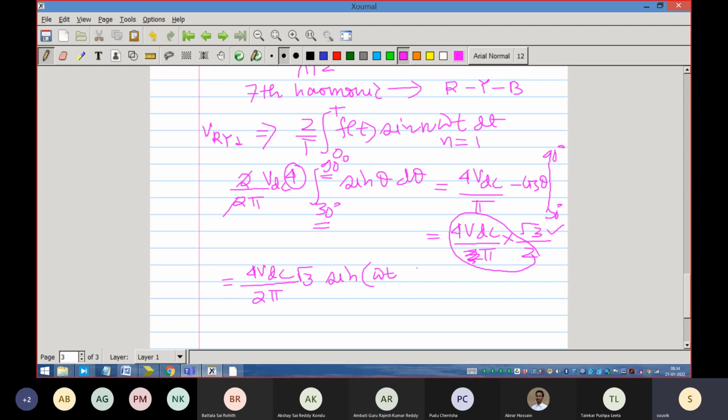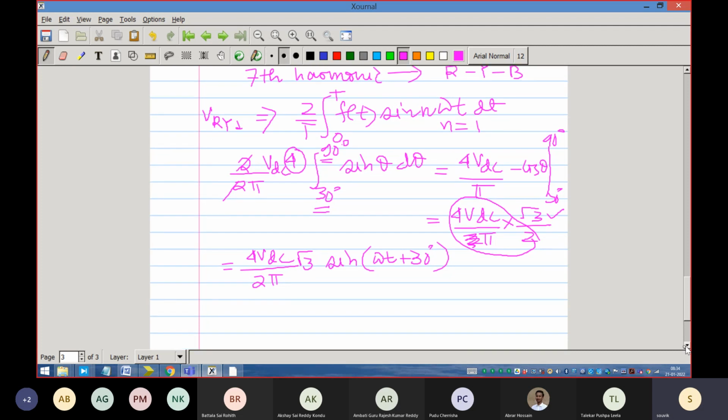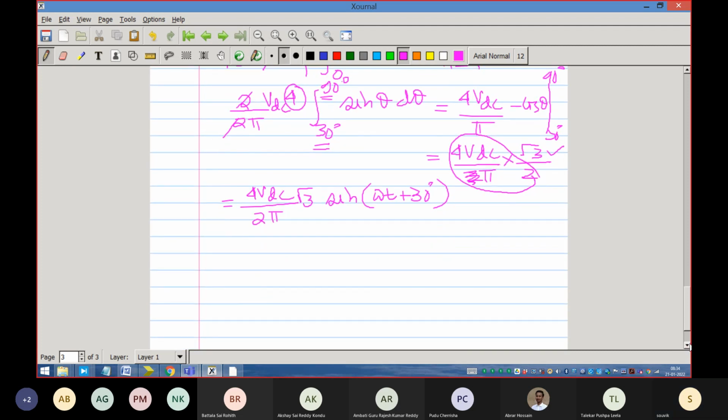Omega t plus 30 degree, right? Because I have cleverly adjusted the zero shift to make my integration simpler. So this would be the fundamental component. Agreed? Right.